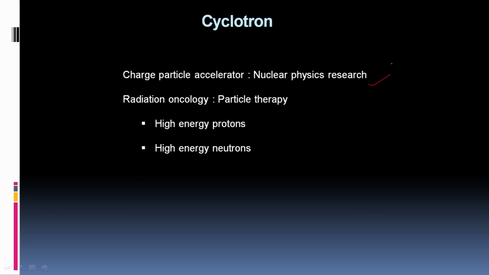We also use particle therapy with different kinds of particles such as protons, heavy charged particles like pions, and also neutrons. These heavy charged particles, protons and pions, and neutral particles such as neutrons are produced by the cyclotron equipment. So from the cyclotron we get high energy protons, other heavy charged particles, and high energy neutrons, and these are used for radiation oncology.